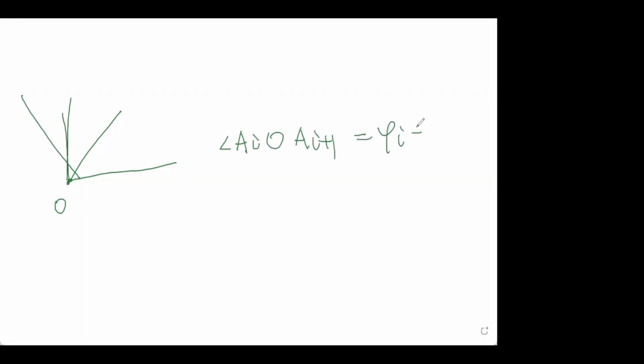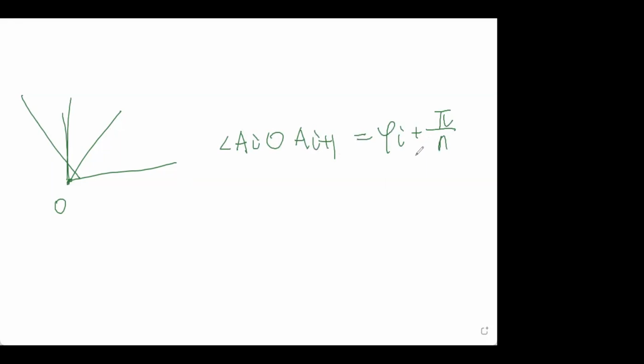Suppose we have a point named O, and you have a lot of lines here. I will just draw some. And we let the angle A_i O A_(i-1) equal phi i plus pi over n.